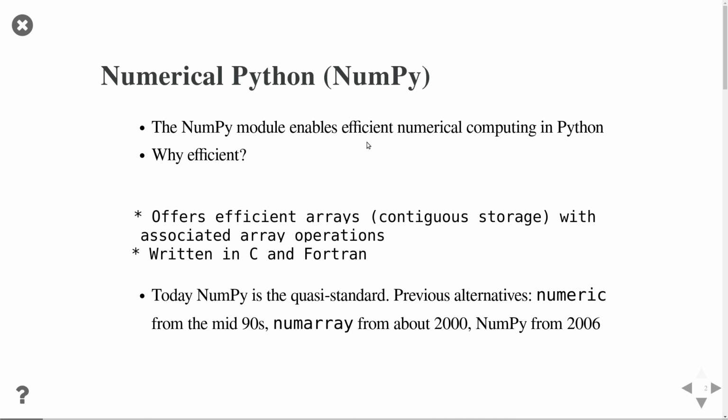Rather than having each number stored in potentially different places, they're forced to be in one continuous piece, and that makes the operations a lot faster. The second difference is that most of the NumPy functions are actually written in C and Fortran, and that makes the execution much faster than a plain Python implementation.